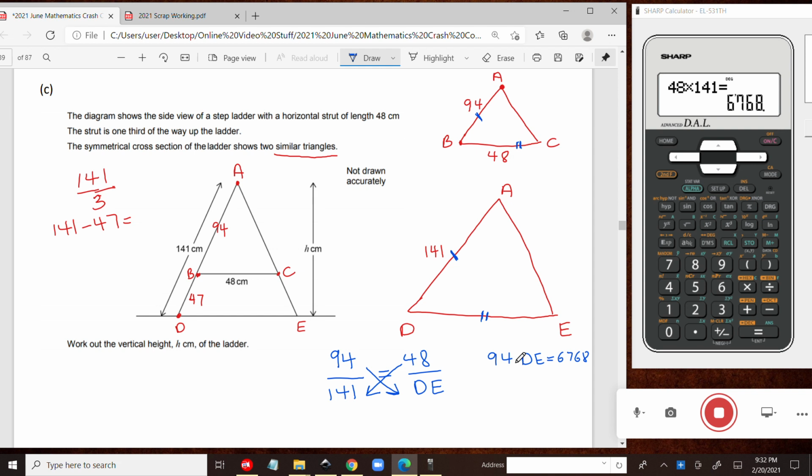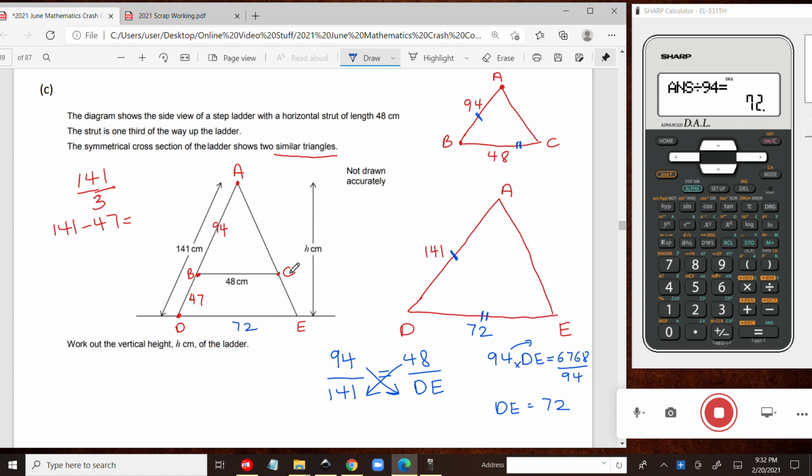And of course, we want to solve for DE. So the 94 is a multiply. Throw him across, you will get a divide. So DE is 6768 divided by 94. Hey, we got a good answer. 72. So that means this distance here is 72.